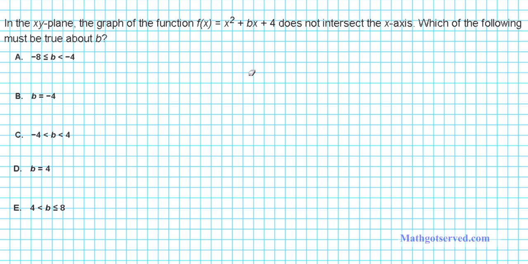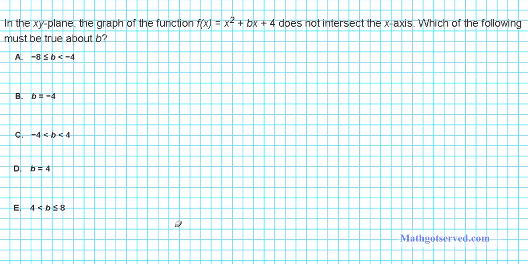Now, how do you determine if the solutions to a quadratic equation are imaginary? Well, you look at the discriminant, the portion of the quadratic formula that is underneath the square root symbol. Okay?